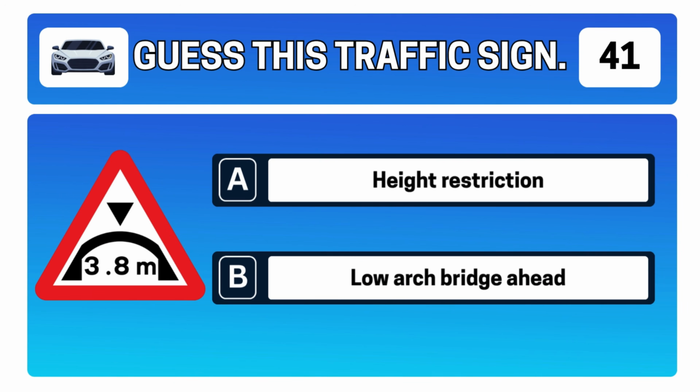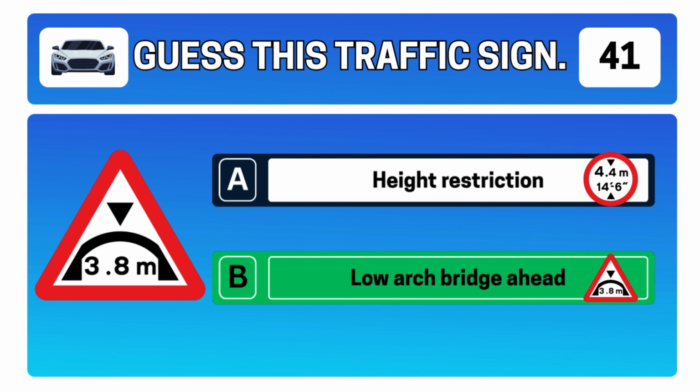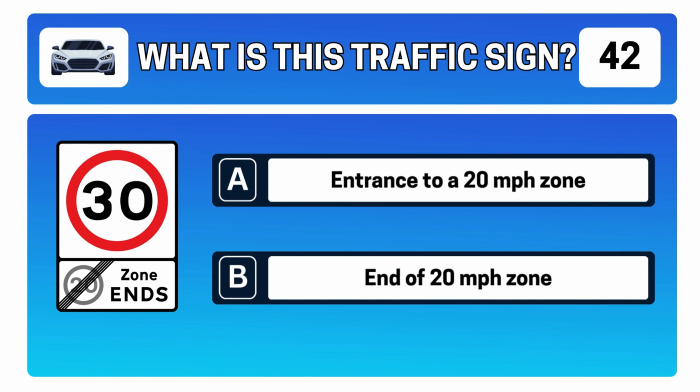Guess this traffic sign. A. Height restriction. B. Low arch bridge ahead. Exactly. It is the low arch bridge ahead sign. What is this road sign? A. Entrance to a 20 mile per hour zone. B. End of 20 miles per hour zone.